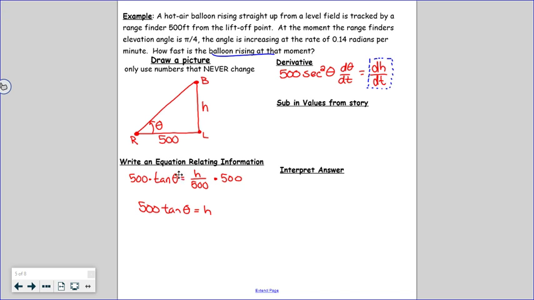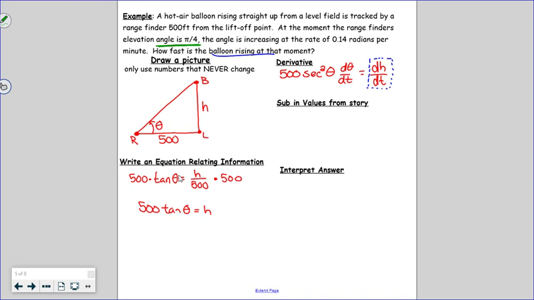The other 2 things are the angle and the rate of change of your angle. For all other unknowns, I need to go back to the situation and find that information hidden in those words up there to fill in for theta and d theta dt, the rate of change of our angle. And we see those. At the moment, the rangefinder's angle, there it is. Angle is pi over 4, angle being theta.